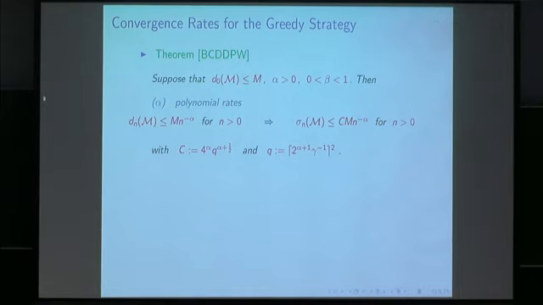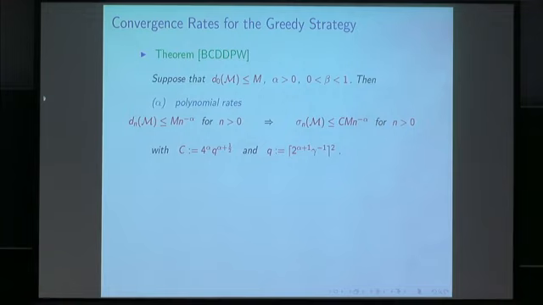So in polynomial, if the rates are polynomial, that means n to the negative alpha, where alpha is some positive number, then we should have the same for our greedy procedure, except for some constant c here, which is not very bad, considering that it actually inflates n by a factor of 4 for that purpose.